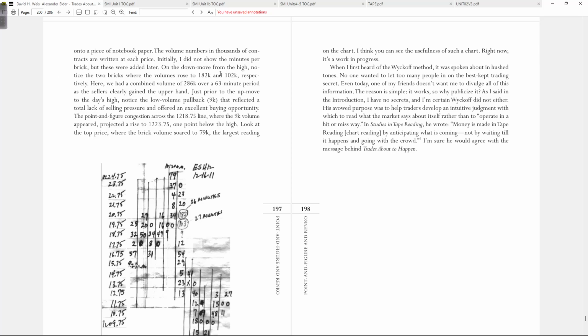On the down move from the high, notice the two breaks where the volumes rose to 182k and 102k.